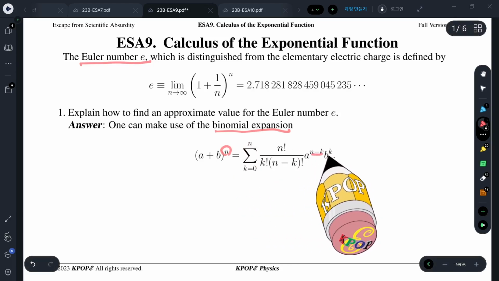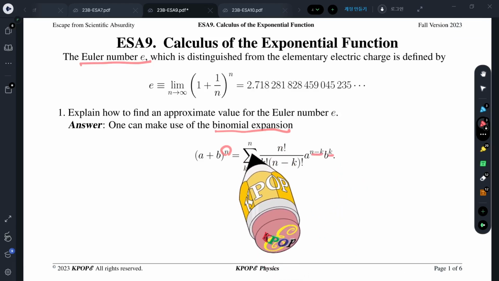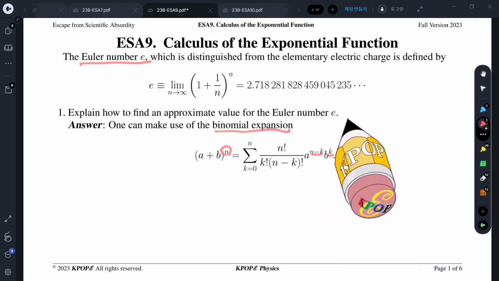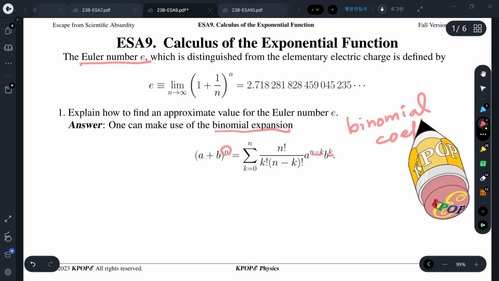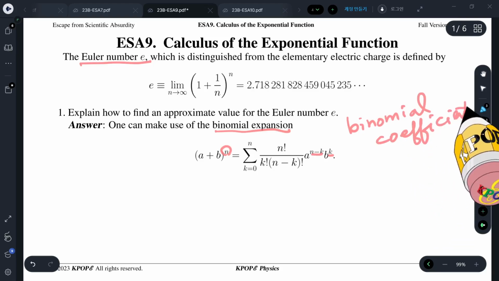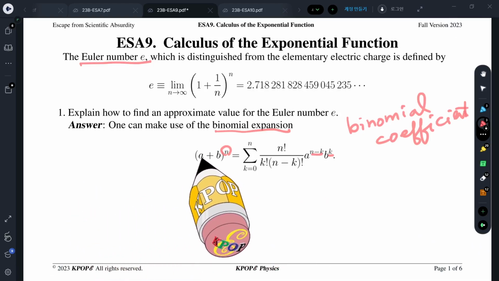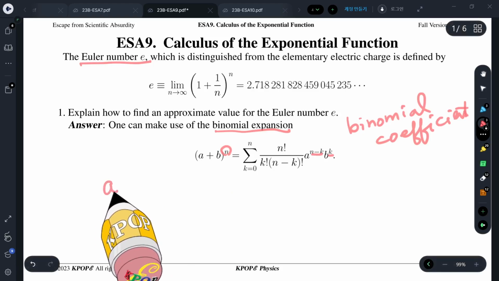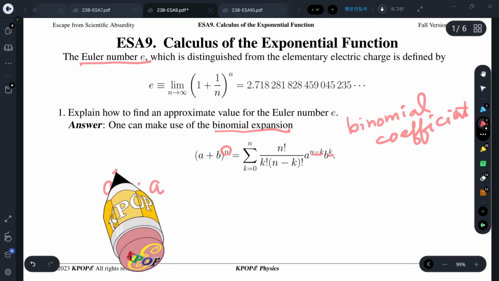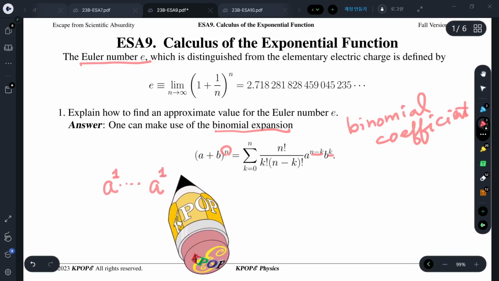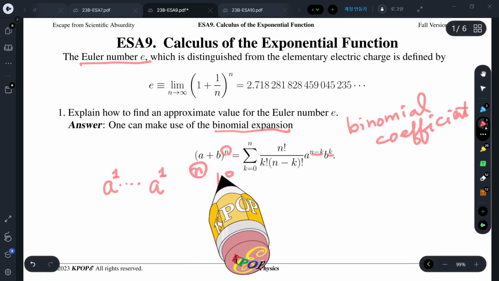The sum of these two powers should be the same. The combinatorial factor is called the binomial coefficient. In case we choose a everywhere, the a is a single power, so the sum of the two powers is just n, and we have no b.